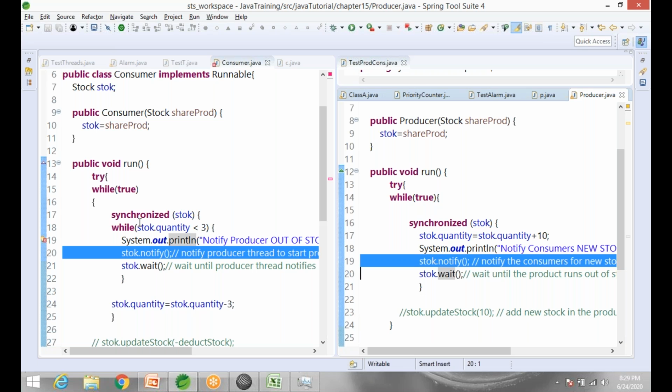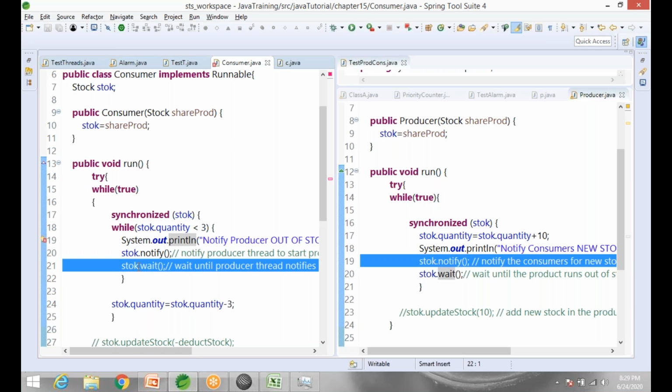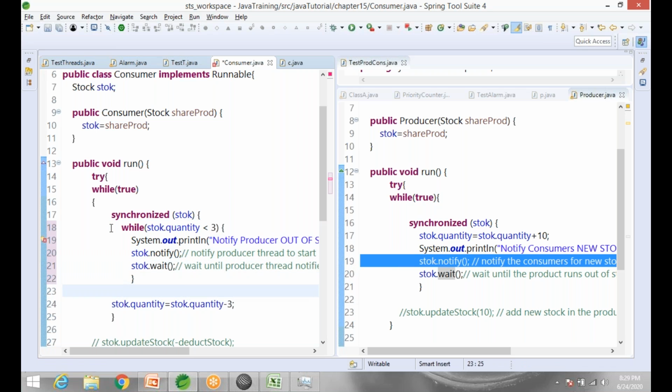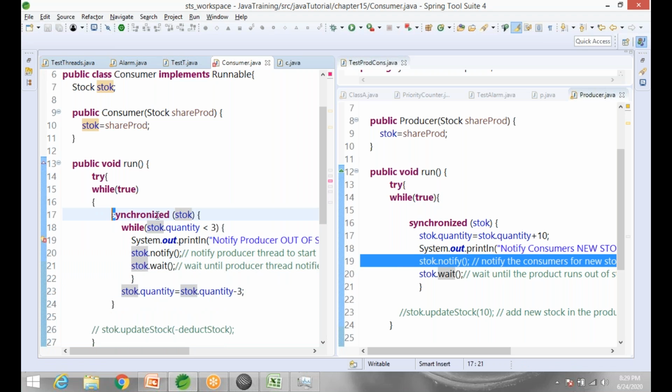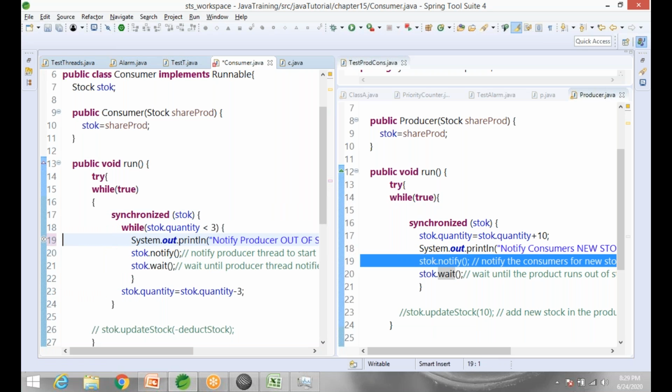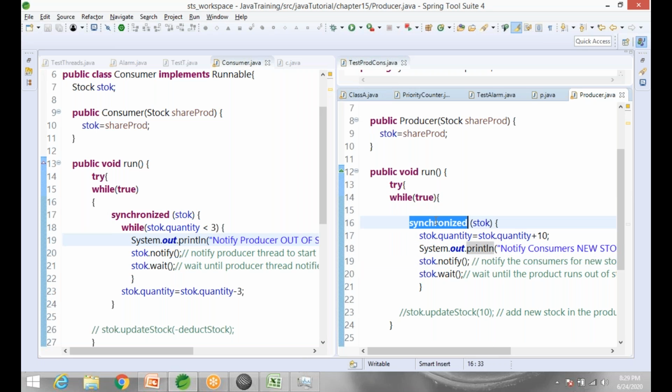This one notifies, the other program will come out of the wait stage and start doing this all over again. Any changes you make to the shared object should always be inside a synchronized block, because we want to synchronize our activity between 2 programs that share information.